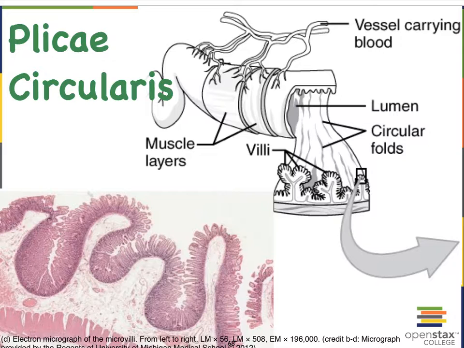Now, we need a microscope to see the next two levels, with the bigger one of the two, the villi, followed by the microvilli. So if we look at a microscope slide of the small intestine, we see that right here. Right here would be the lumen. This is where the food particles would be located.